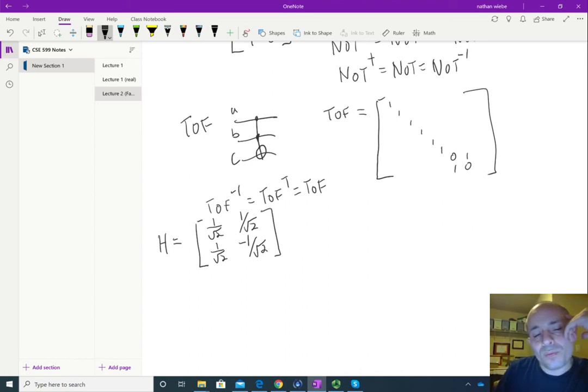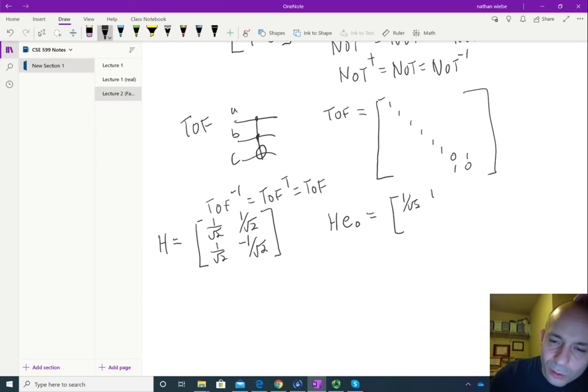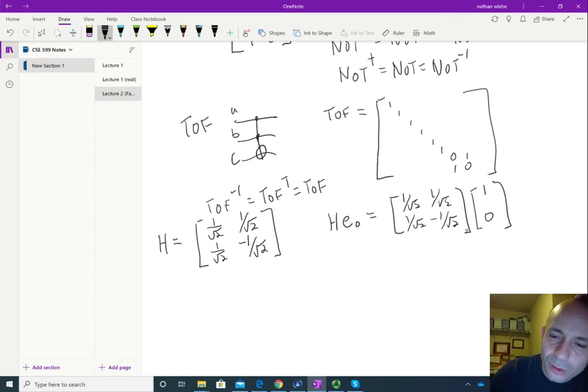So Hadamard has the property that Hadamard acting on E0 ends up giving us the same thing as 1 over root 2, 1 over root 2, 1 over root 2, negative 1 over root 2, acting on 1, 0.